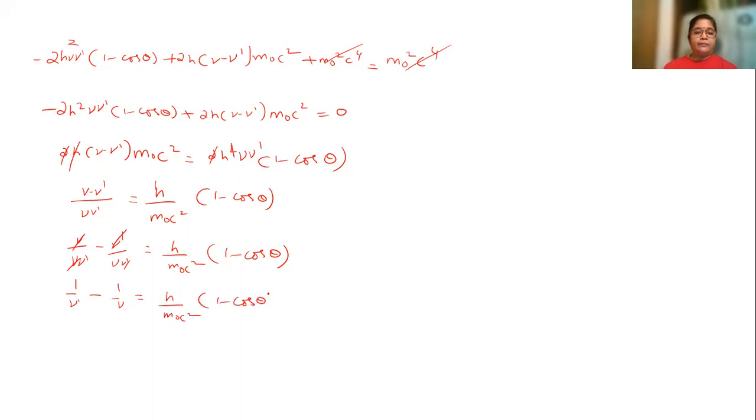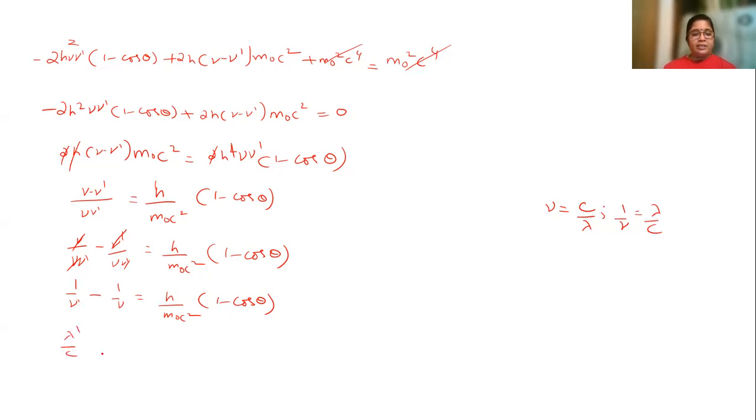Now I want to find the Compton wavelength, and you know nu is equal to c by lambda, or you can say 1 by nu is equal to lambda by c. So what do I write here? I have a nu dash here.